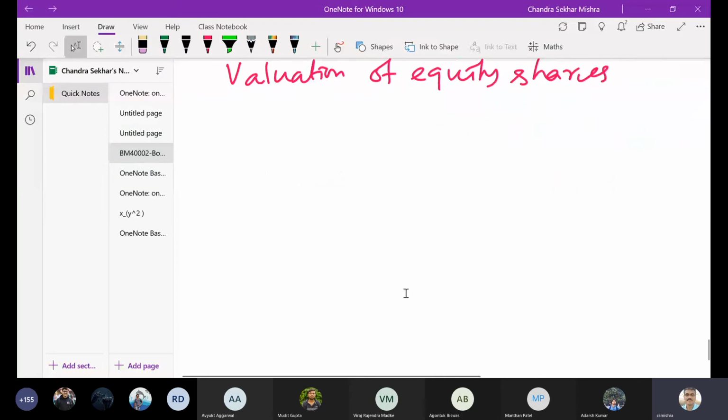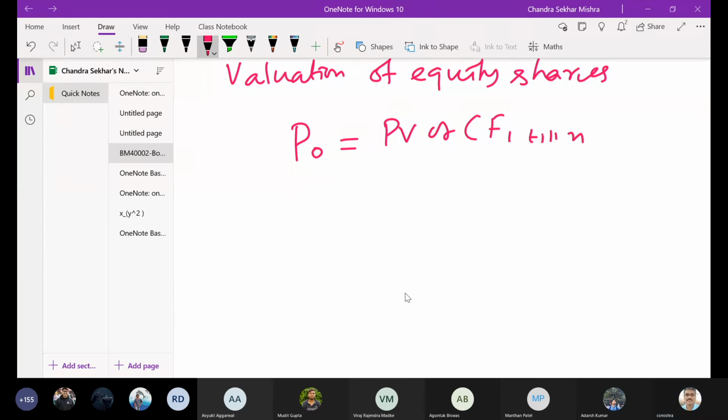For any valuation, the fundamental principle: price of a particular investment is nothing but the present value of cash flow, cash flow from time 1 till n. That is the fundamental principle of any valuation for that matter.